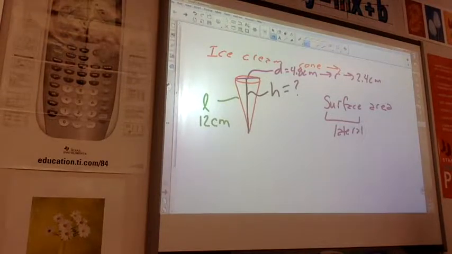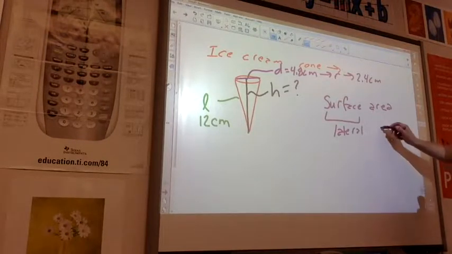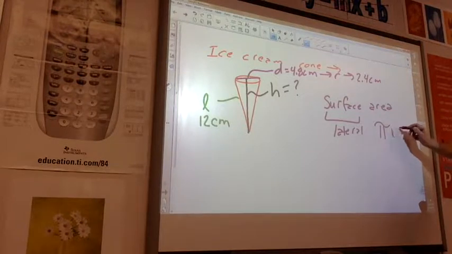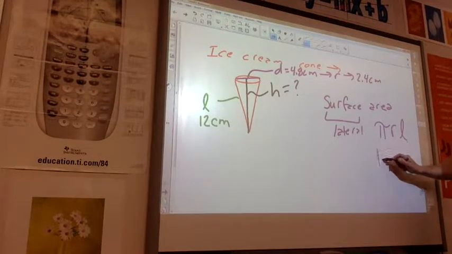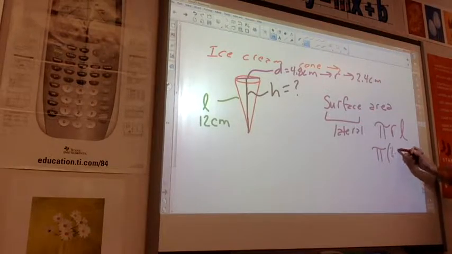Anyone remember what this would be? Of a cone? Radius times the... Close. Radius times who? Pi r L. Well, pi is pi. r is 2.4. L, oh, we found that. Cool.